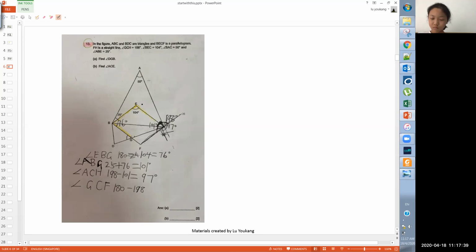BE, CF. So if this is 104, this is also 104. Then this is 76. So that means this is also 76. Let me extract it out.